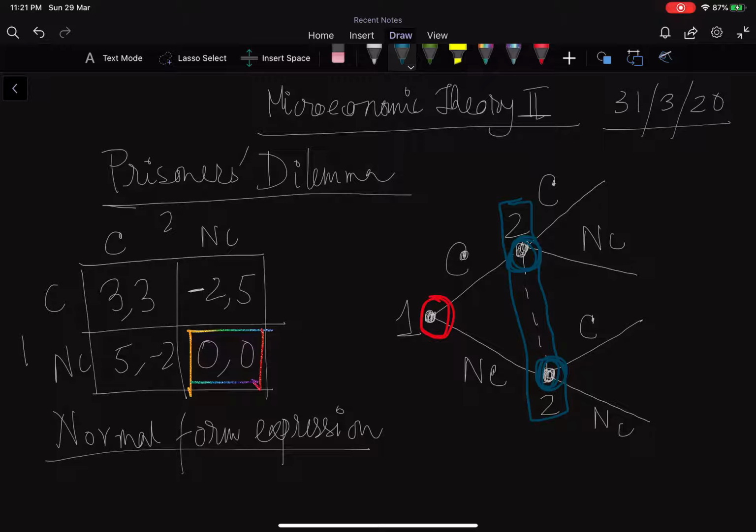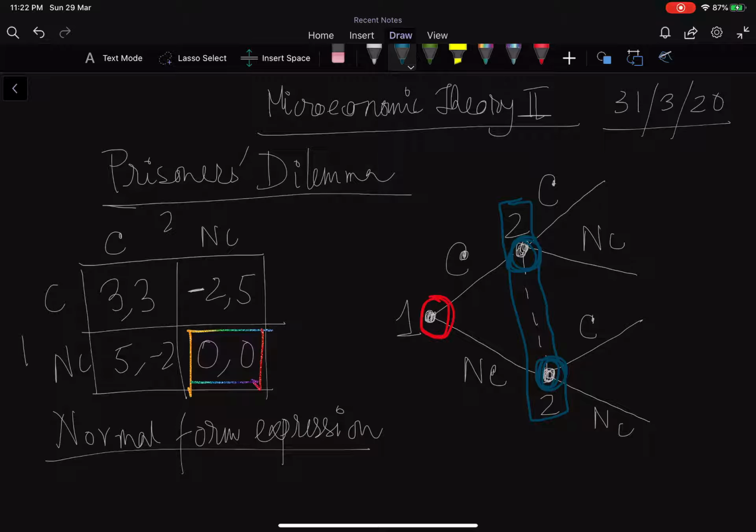By connecting these two nodes by a dotted line, we signify that 2 is unaware which of the nodes connected by the dotted line the player is located at.